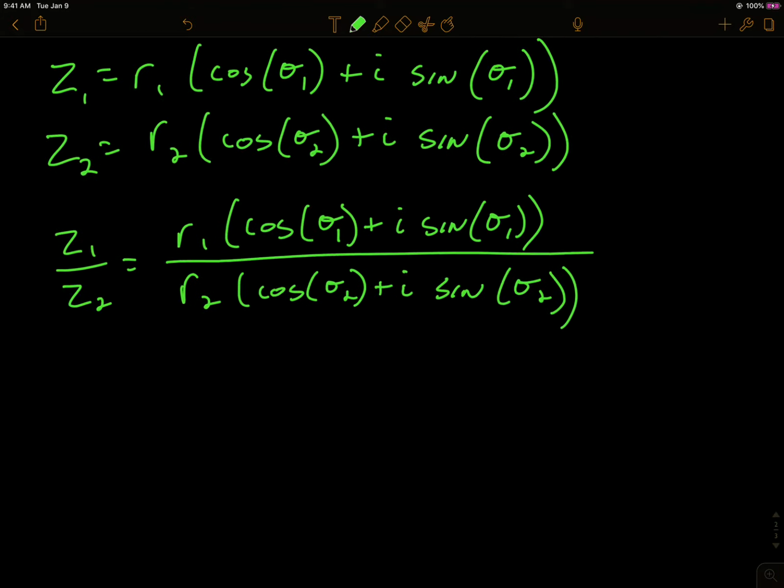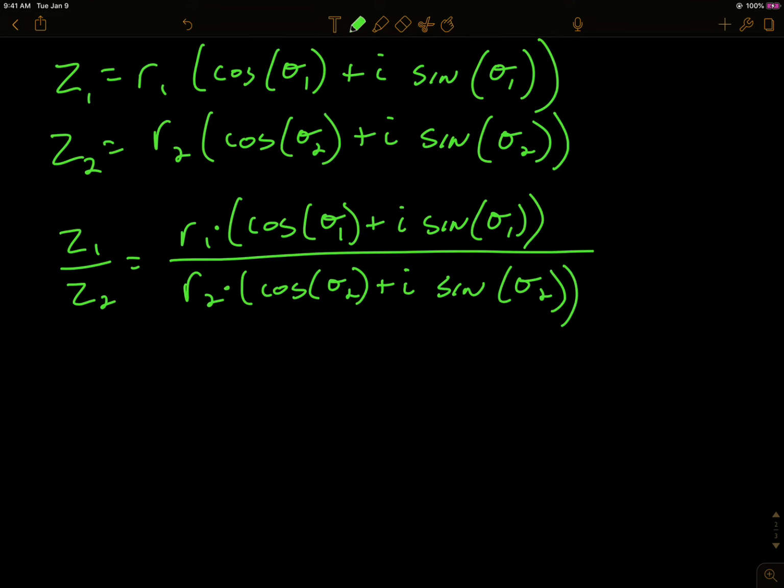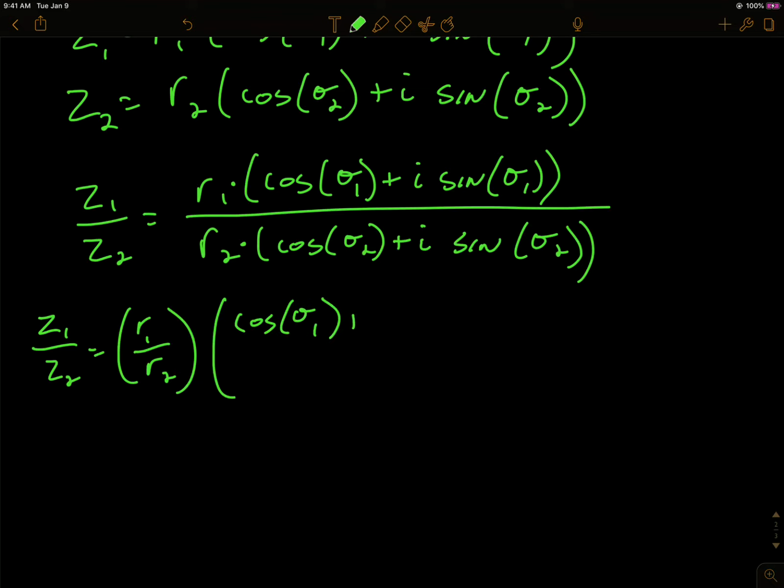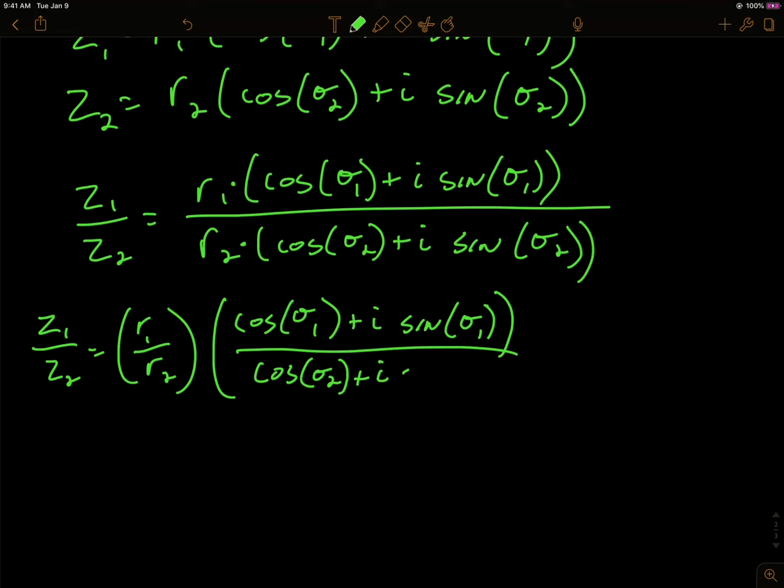all right, so the first thing is, again, we can look at the multiplication here between these two things and sort of do that individually. So we can do r sub 1 divided by r sub 2. We could divide their magnitudes. Now just deal with the angles separately. Cosine theta sub 1 plus I sine theta sub 1 over cosine theta sub 2 plus I sine of theta sub 2.